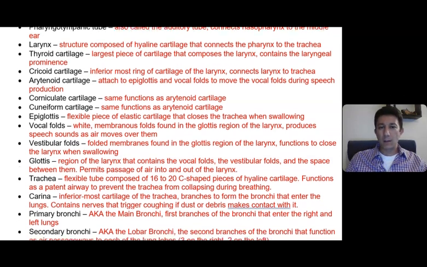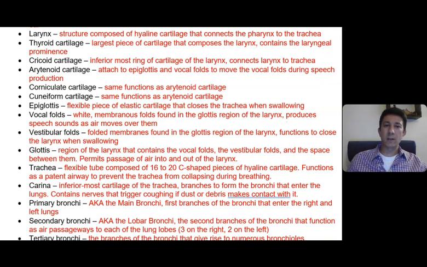Next we have the epiglottis, which is actually a structure that is situated between the laryngopharynx and the larynx. And the epiglottis is a piece of elastic cartilage that functions to close the trachea and close the larynx when we are swallowing. So what happens when we swallow is that the muscles in the throat essentially elevate the larynx.